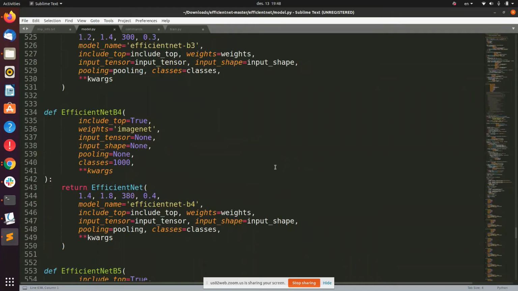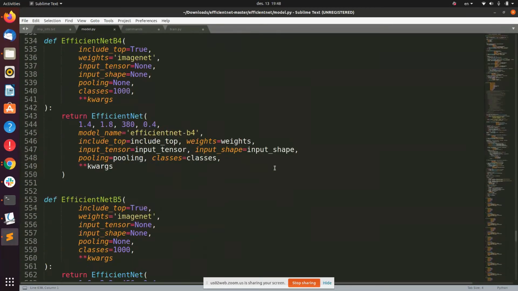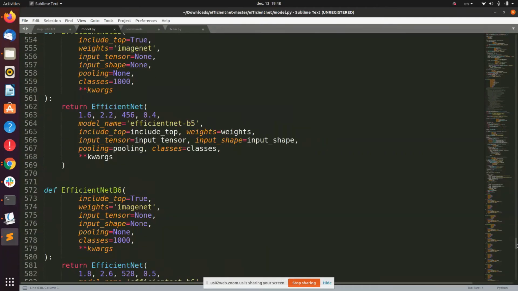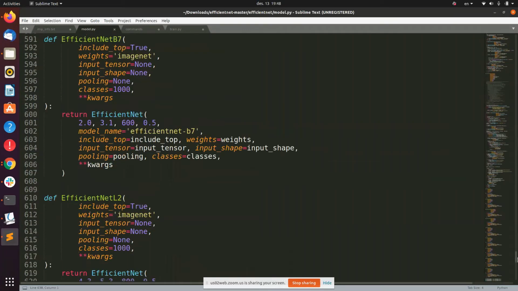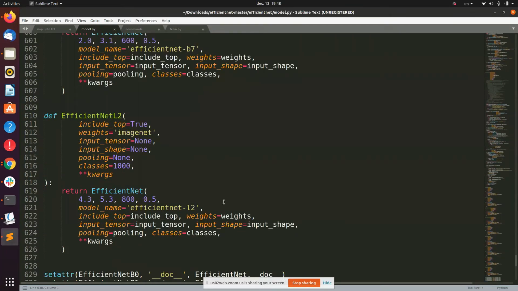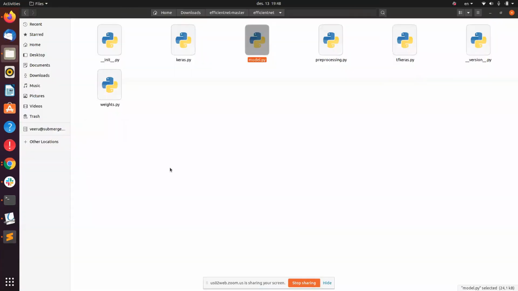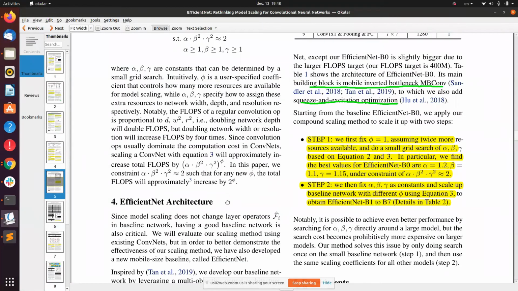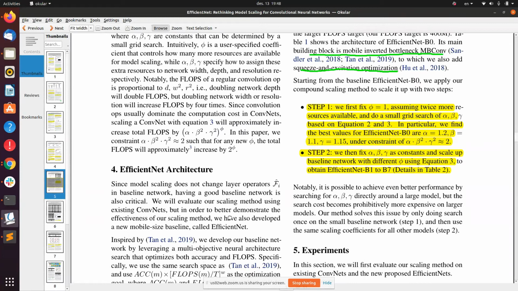Like this, you can keep experimenting and see which one gives benefit to you. That is how they have built it. Almost 9 to 10 versions of EfficientNet have been built. They keep increasing the width, depth and resolution, and see the benefit. So that is a bit of the architecture and the compound scaling factors.